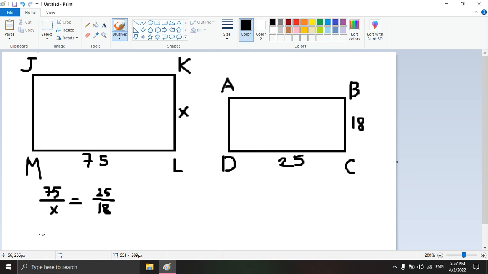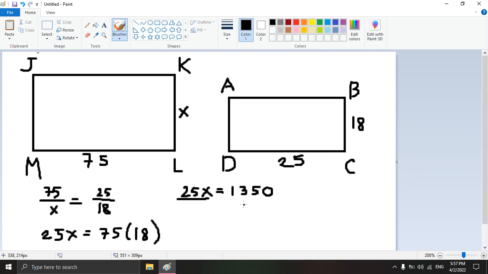Then 25x equals 75 times 18. Then 25x equals, let's multiply 75 times 18, that is 1,350. Then divide both sides by 25.